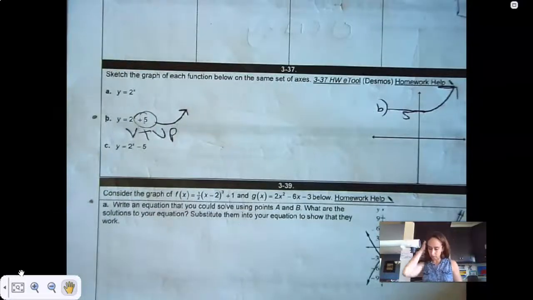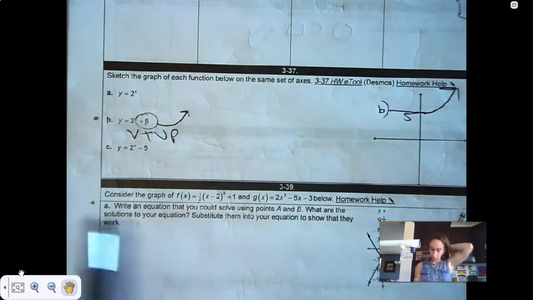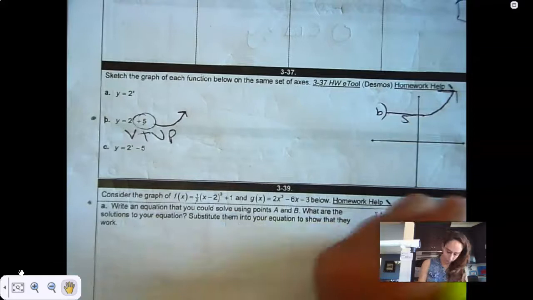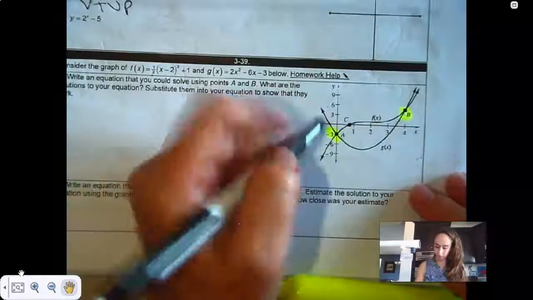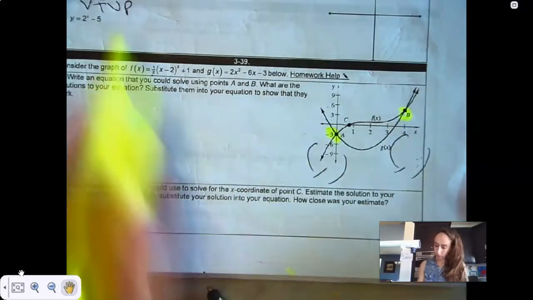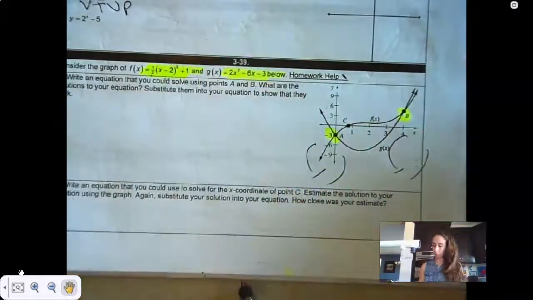This one, it says, consider the graph. Show your work. So they want you to see that this is a solution and this is a solution. Sorry about that. So you'll write down those 2 points. And then I want you to solve using algebra. So take, ooh, this one's kind of a mean one. Take this one and set it equal to this one.